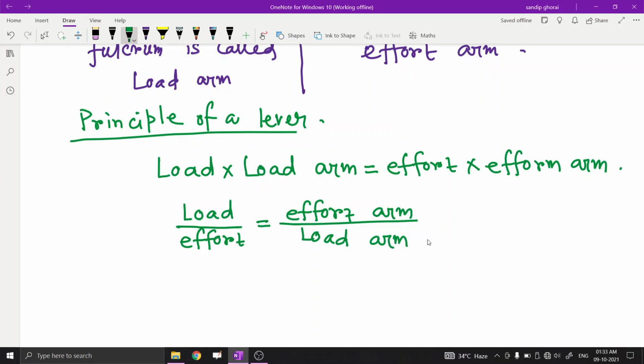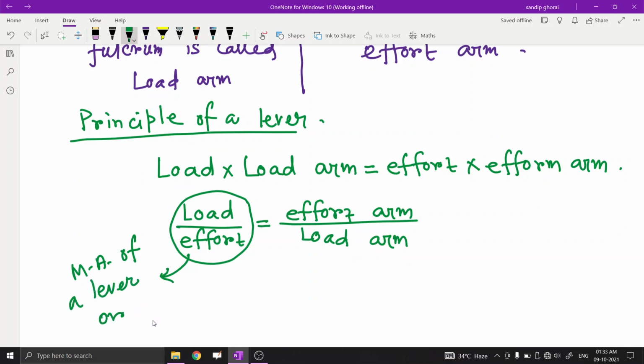This ratio, load to effort, is called the mechanical advantage of a lever, also known as leverage.